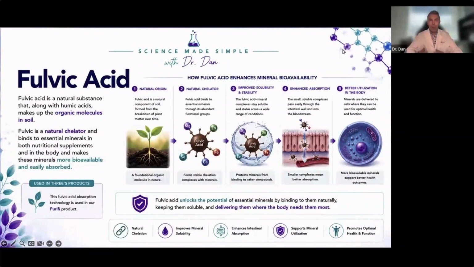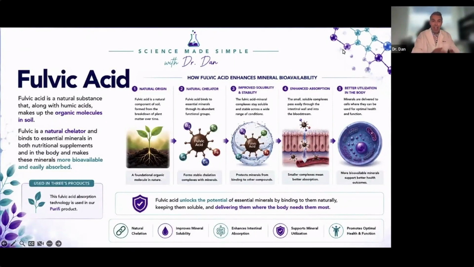So when we talk about organic soil, that's soil that's rich in humic and fulvic acids. And again, what fulvic acid does is kind of like chlorophyllin, where it forms a binding interaction. But this binding interaction is called a chelation interaction when it comes to fulvic acid. So there's a chelating process where they're bound together through a pretty strong interaction.